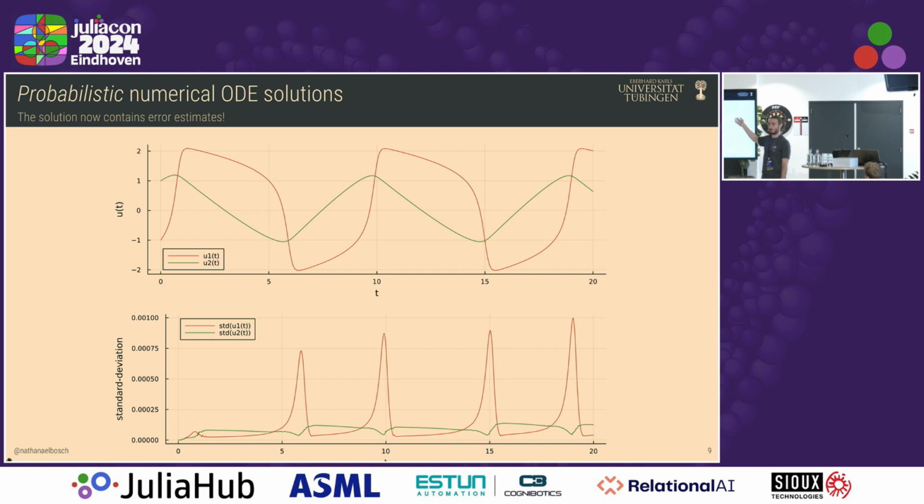But inside this object, there are also uncertainty estimates that describe the numerical uncertainty of the solution. You can just access them, because each of these things is basically a Gaussian, so you can plot the standard deviation, and you see that numerical error spikes roughly in these areas where the orange line is steep. That's when the orange error spikes, and it decreases again afterwards.